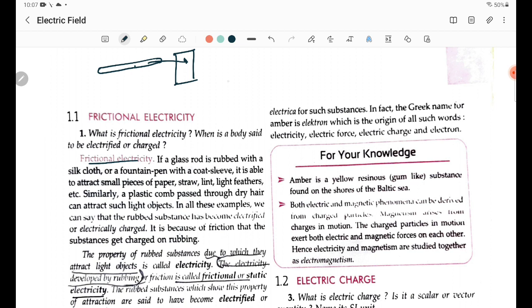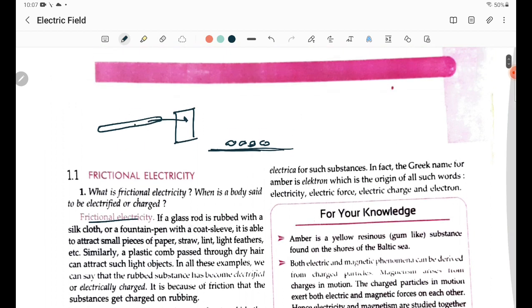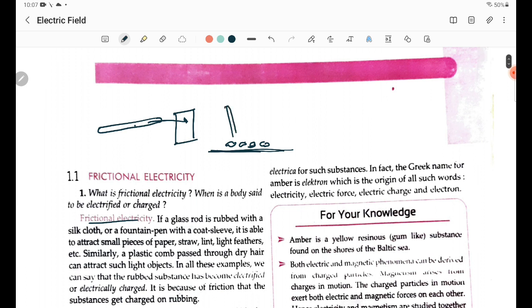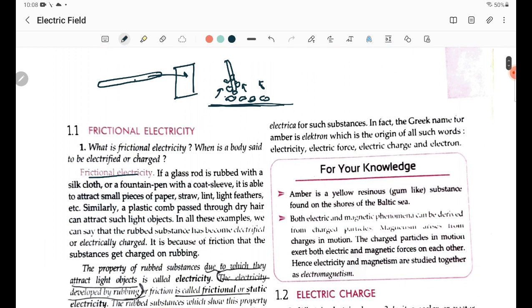Suppose here you have some pieces of paper. Whenever you bring the glass rod closer to the pieces of paper, what will happen? This glass rod will attract the pieces of paper towards itself. Why?